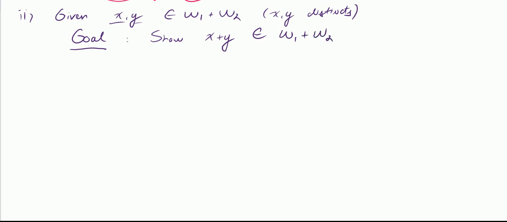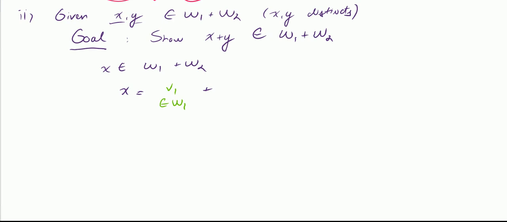So we're going to do this the same way we proved the zero vector. So if x belongs to W1 plus W2, then that means that I can write x as V1, where V1 belongs to W1. So I'm just naming arbitrary elements. I'm not doing anything special. I'm just creating arbitrary elements of W1 and of W2.